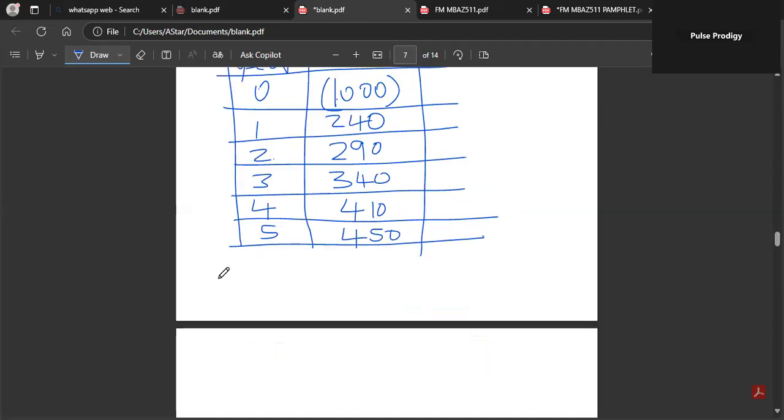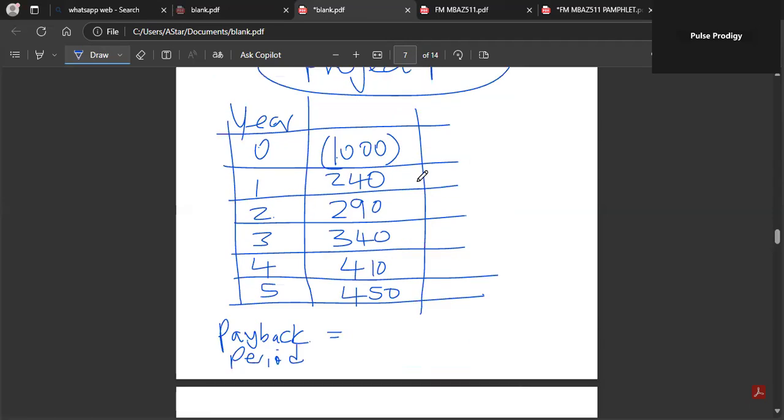So what would be our payback period for this project? I know this question was not asked, but I have just incorporated it. The payback period simply means how long it takes for us to recover the amount that we invested in the project. We invested this much. Then we recovered 240 in year 1, 290 in year 2. How much is it in total? 240 plus 290 gives us 530. 530 plus 340 will be 870.